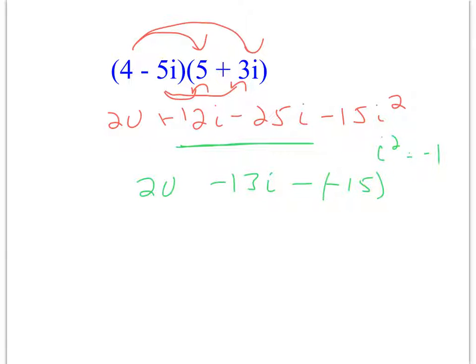Well, that minus minus, we know from our middle school days, becomes a smiley face, which is a plus. So minus minus becomes a plus. So I have 20 plus 15 is 35 minus 13i. And that is my answer, my complex number in standard form, where 35 is my real part and negative 13i is my imaginary component.